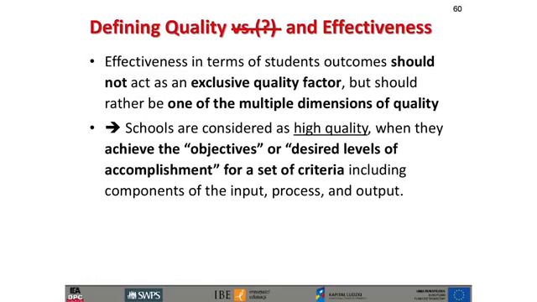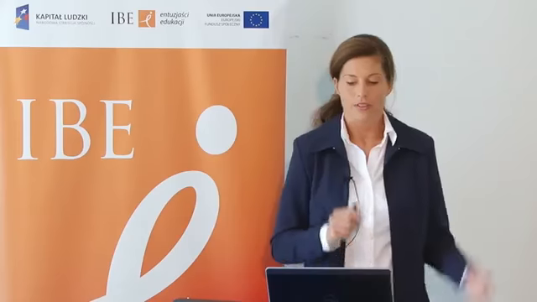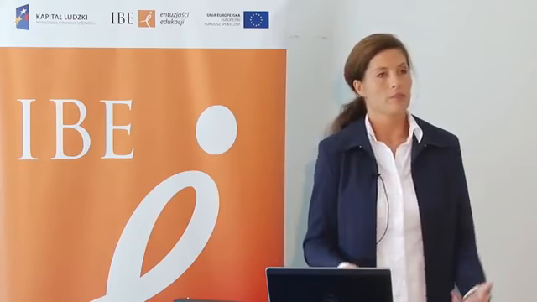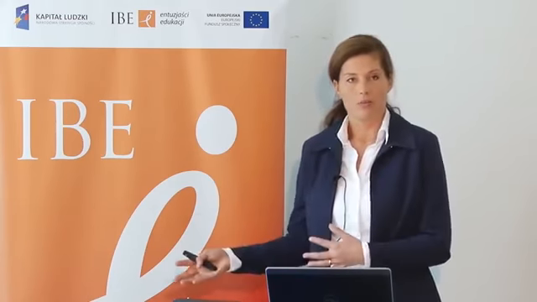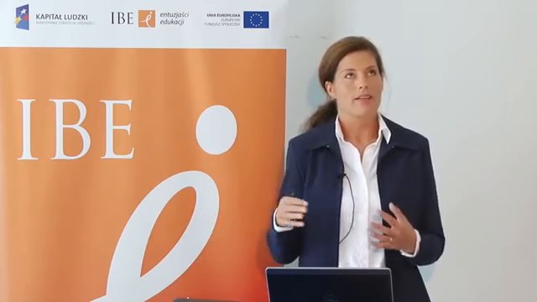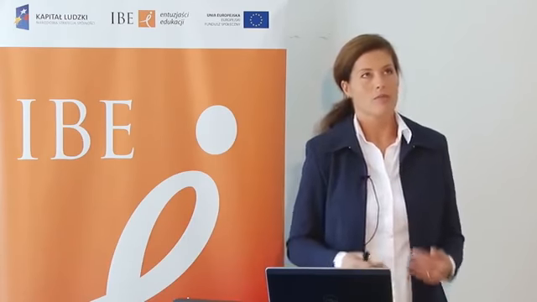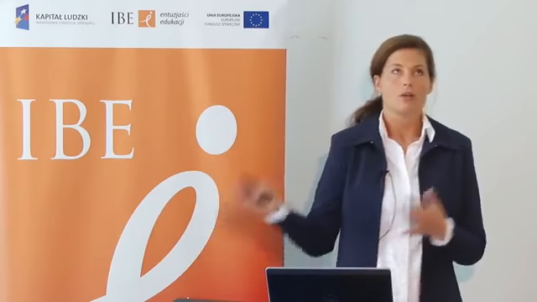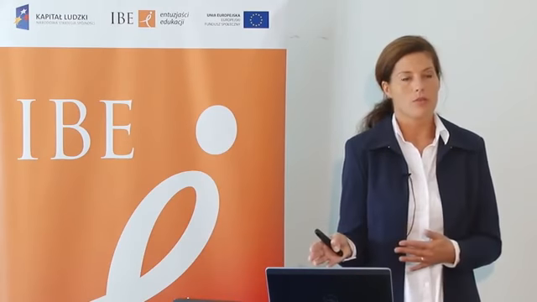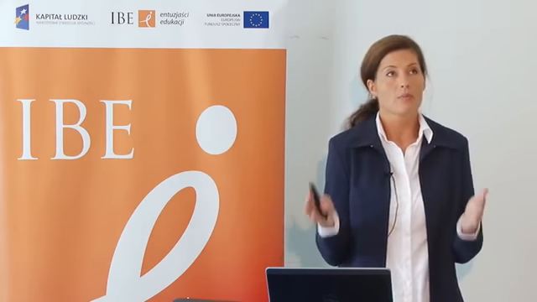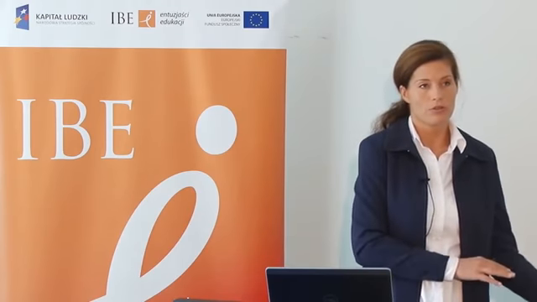They are considered high quality when they achieve the objectives or desired levels of accomplishment for a set of criteria, including components of the input, process, and output. So I would say a high quality school should have high quality input, high quality process, and high quality outputs. And of course, later on in technical terms, to analyze the output we also consider the input and process. But of course, analyzing the process, we consider also the input.